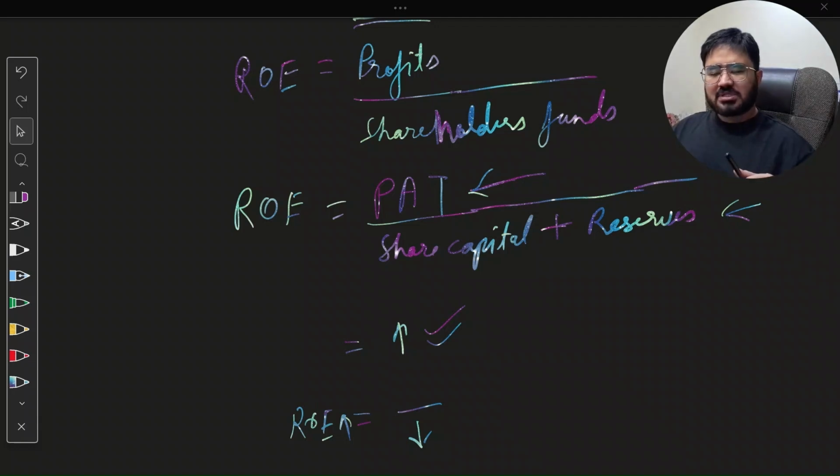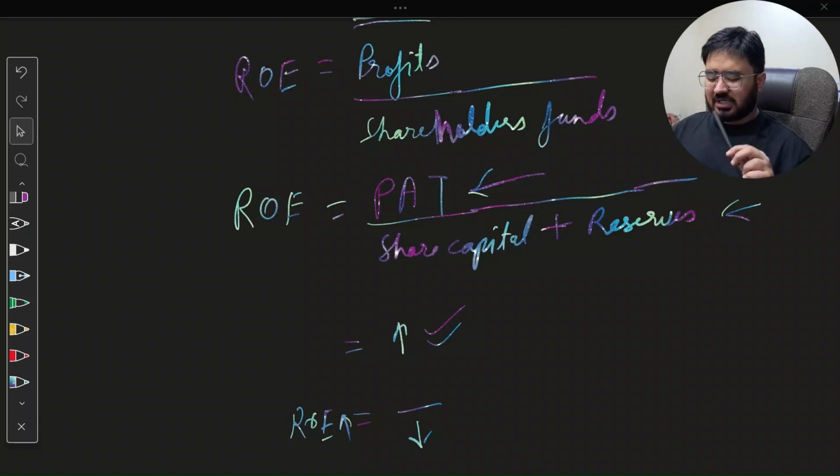And of course, the ROE is different for different sectors. So make sure when you are comparing companies, you compare an apple with an apple, not an apple with a vegetable, right?